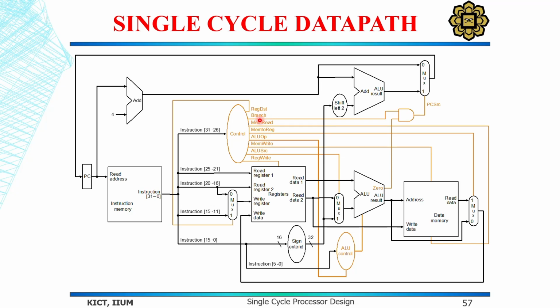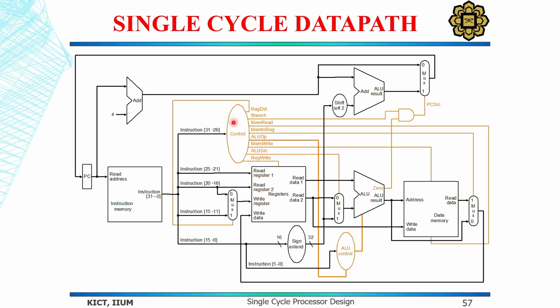Then we have branch, which enables the branch. Then we have memory read, memory to register, ALU operation, ALU op fields, two bits of data transferred from here to this ALU control. Then we have memory write, ALU source, and register write.